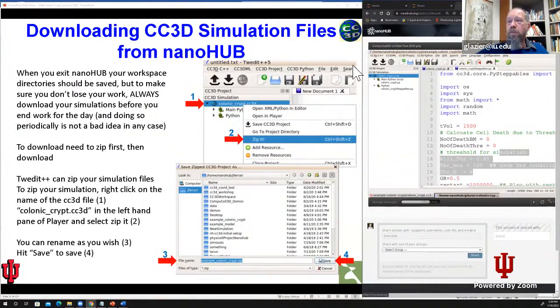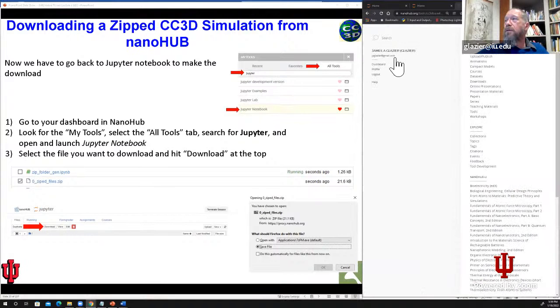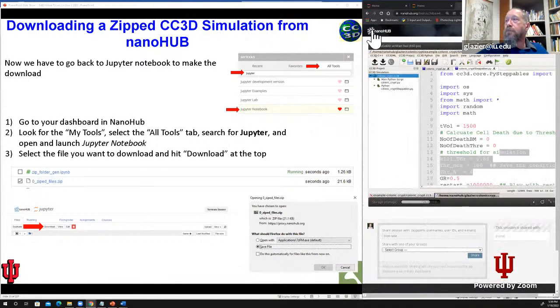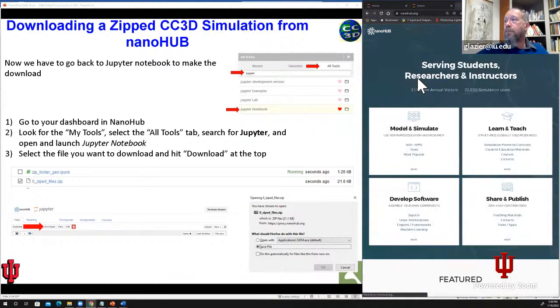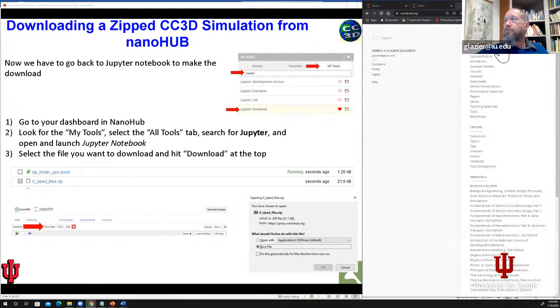And then if I switch back to Jupyter Notebooks in my dashboard, assuming it's going to let me do that.